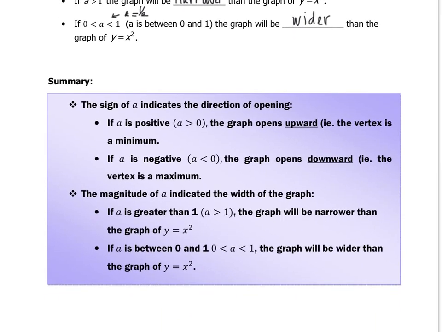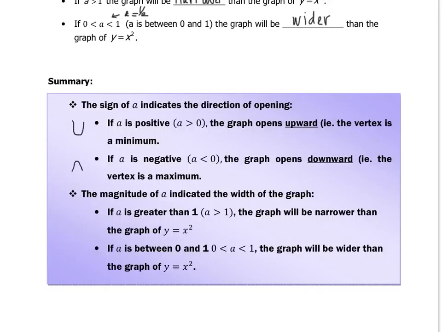So the A value tells you a couple of different things. If A is positive, A greater than 0, that means the graph opens up and the vertex is a minimum. And if A is negative, the graph opens down and the vertex is a maximum.